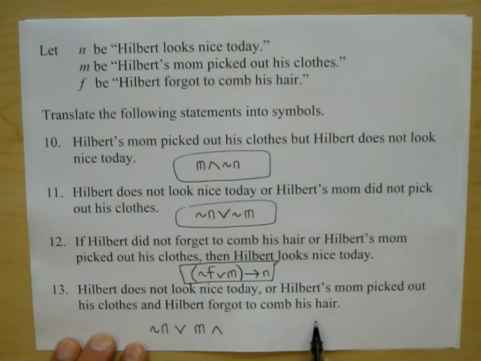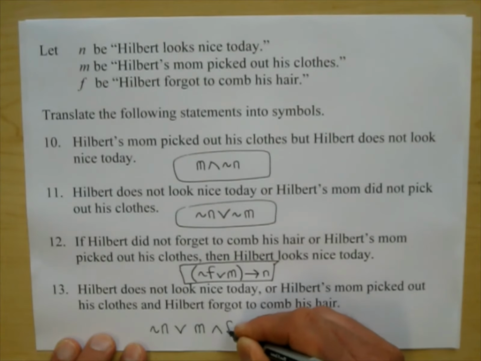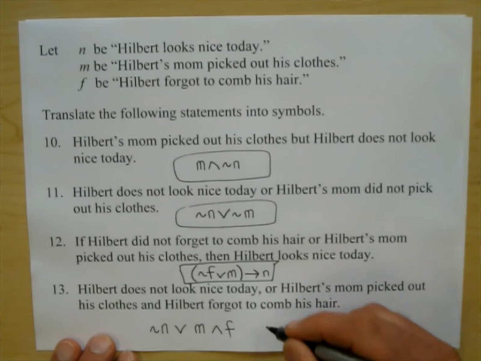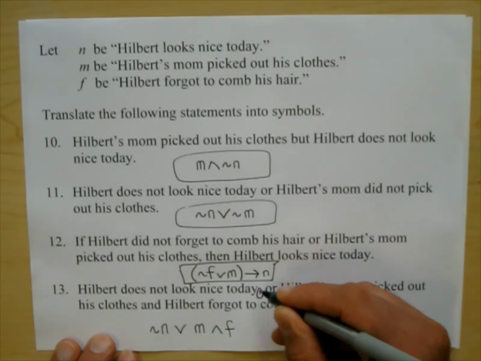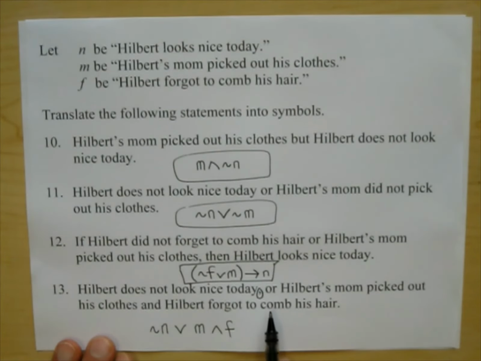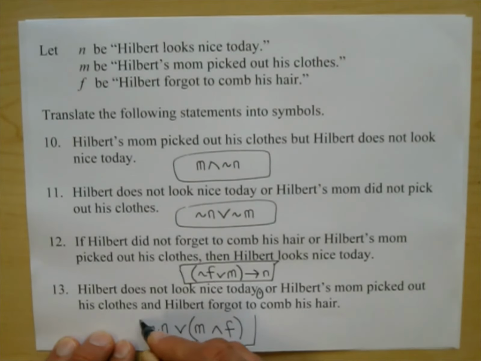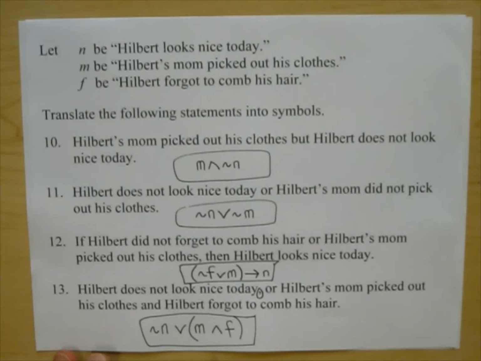Hilbert forgot to comb his hair, that's an F. So there's the statement there, but this comma right here tells you what's going to get grouped together. What will get grouped together are the two things after the comma, which is M and F. So I put parentheses around those. And now I have myself my answer right there. So that is how you do those problems.